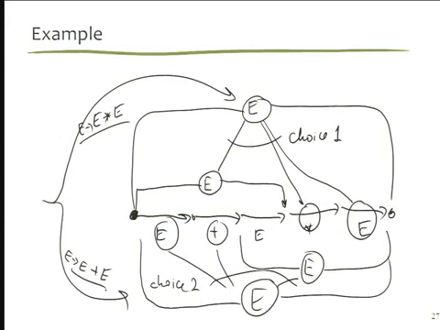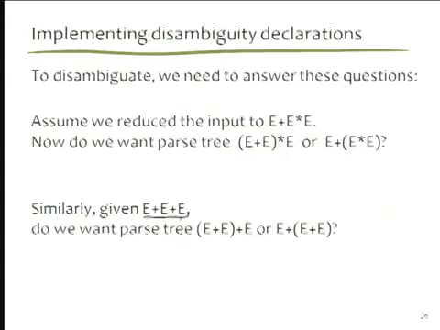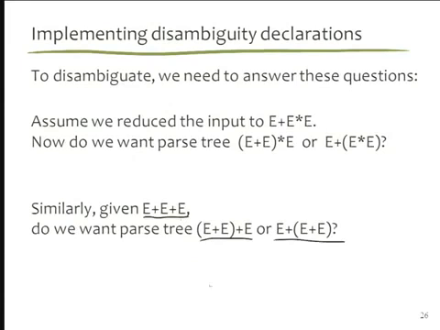Okay? Now, if you come back here, similarly for left associativity, we have a choice of doing this or that. Now the choice will be what? We now need to choose between two productions, one with a smaller subtree on the left and the other one with a bigger subtree. Right?